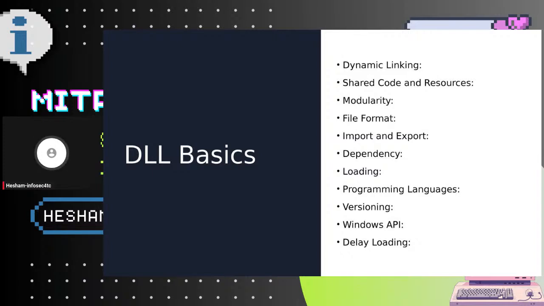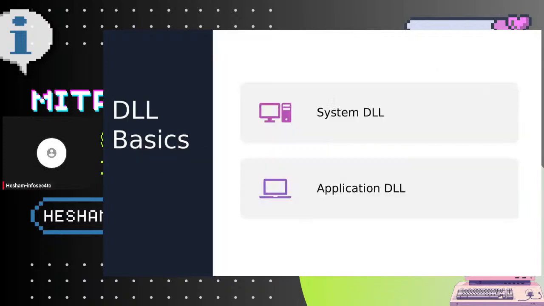We have programming language, so a DLL can be written in multiple languages like C, C++, or .NET, for example. We have also DLL version, Windows API, and delay loading, which allows a program to load a DLL only when a specific function is called. So these are the components of a DLL. It's a very important file which we can use in order to give our program more functionality.